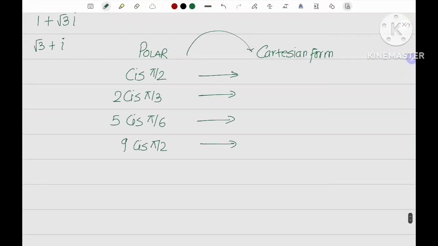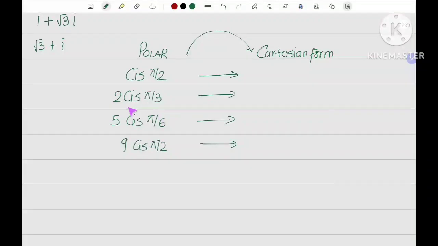Now the best part to look at here is, if I want to find out the magnitude and argument in polar form, I can straight away write that the magnitude of this complex number is 2, and the argument of this complex number is pi by 3, because this is written in polar form. Polar form will have argument and magnitude in its very explicit way.